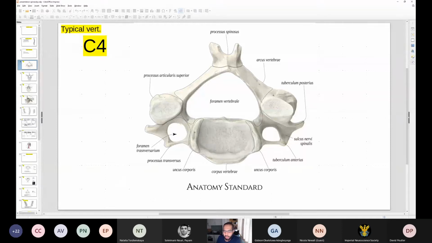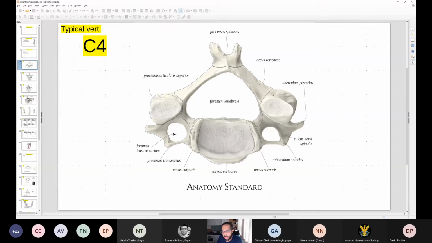And other notable structures are processes, like we said. So we have a spinous process. The spinous process is formed by the junction of the two laminae, right? So a lamina and a lamina, they meet in the middle and they form a spinous process.